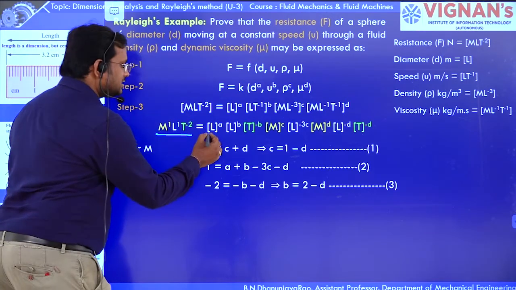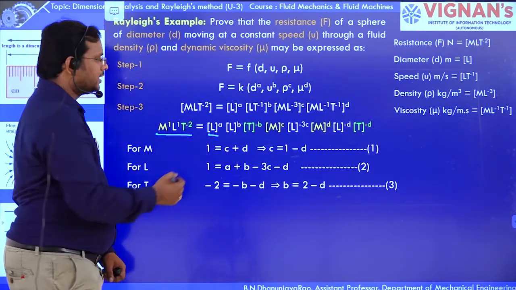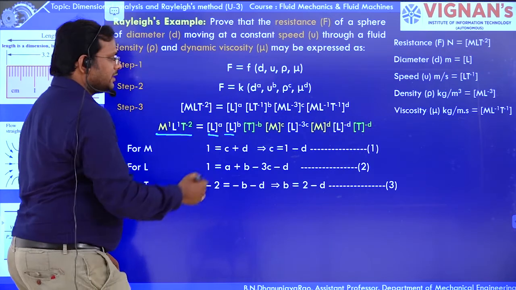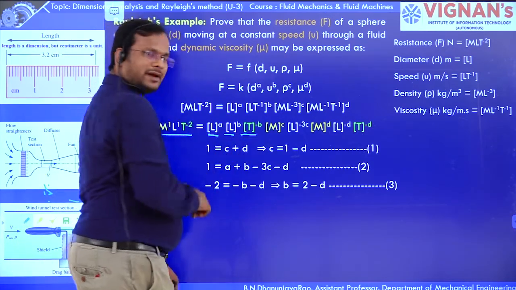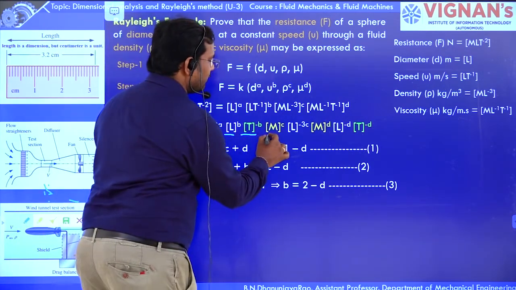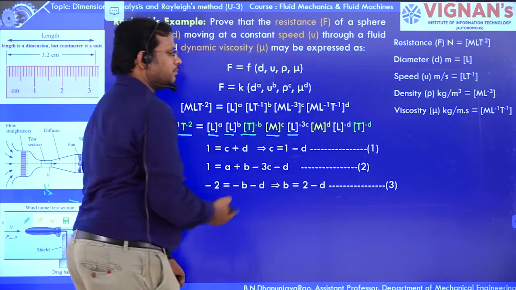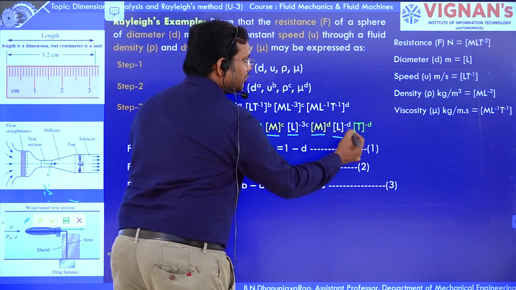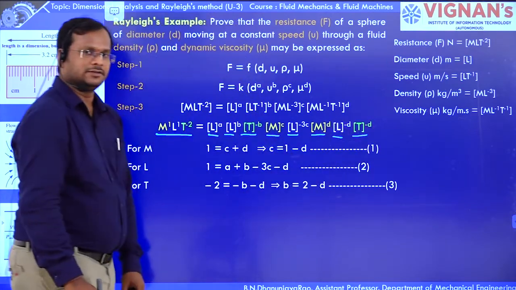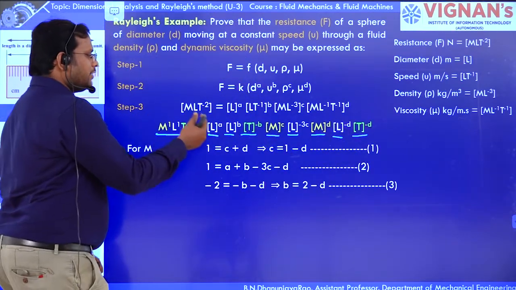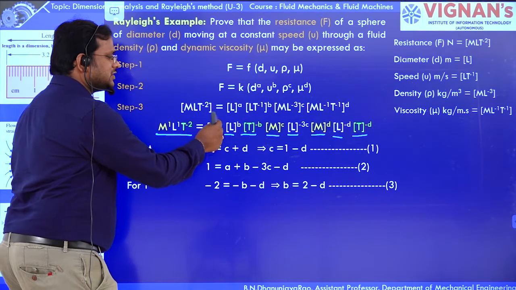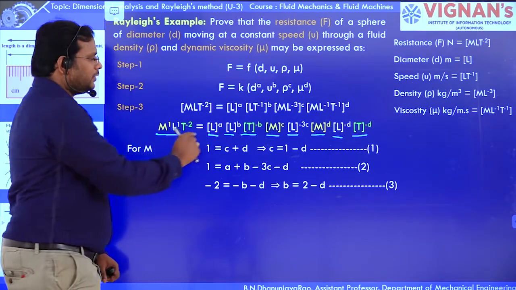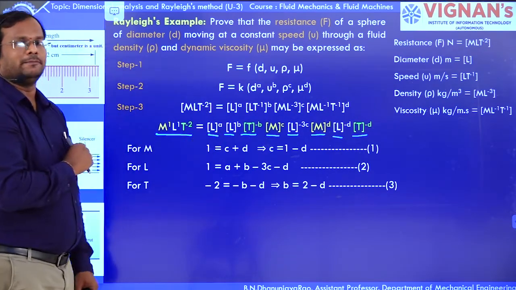And there is L power A, L power B, T power minus B, M power C, L power minus 3C, M power D, L power minus D, T power minus D. So every dimension is allotted some arbitrary power.